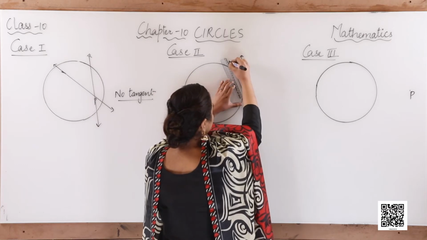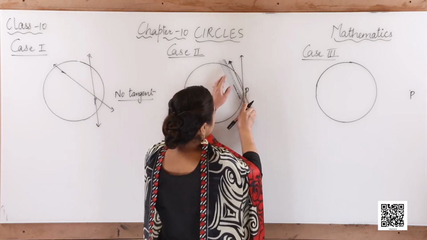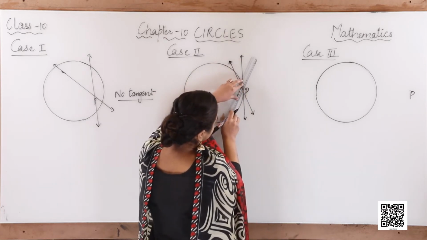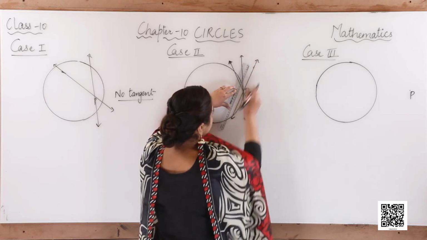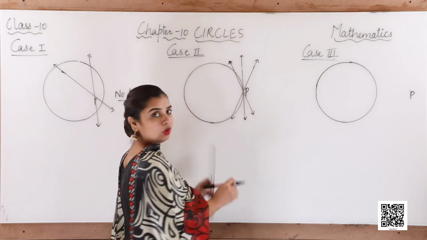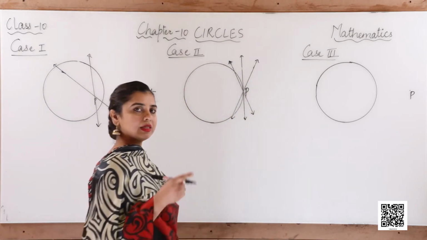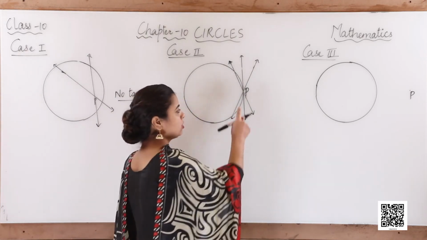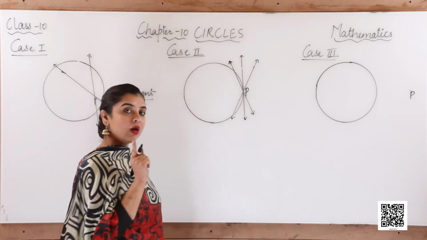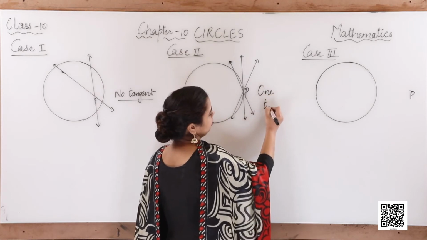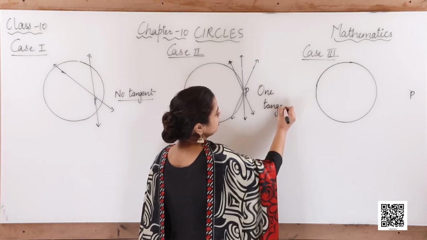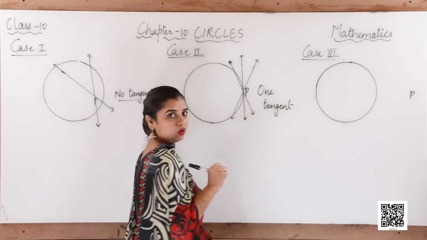Now if I try to draw other tangent, whatever position I may take, it is always cutting the circle at more than one point, that is, it is a secant. So how many tangents are possible at the point P? 1 and only 1.